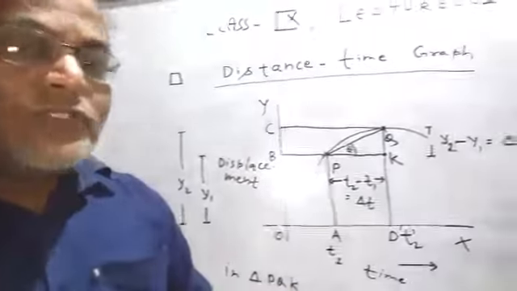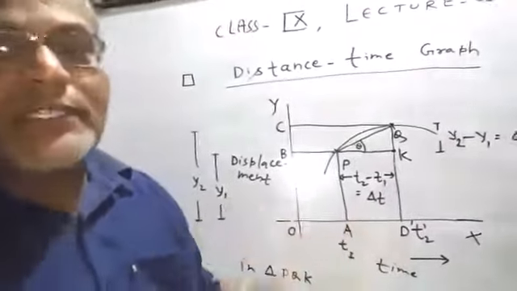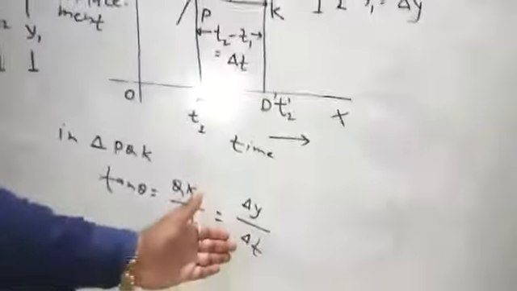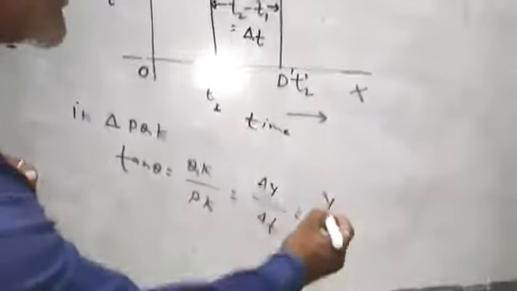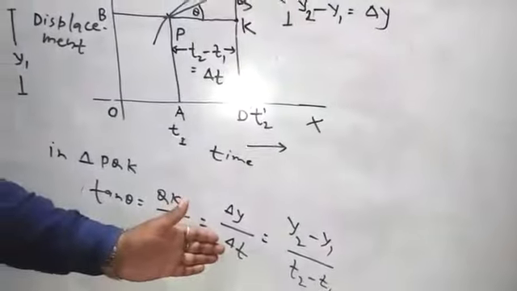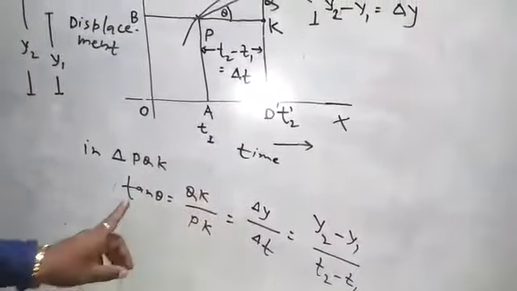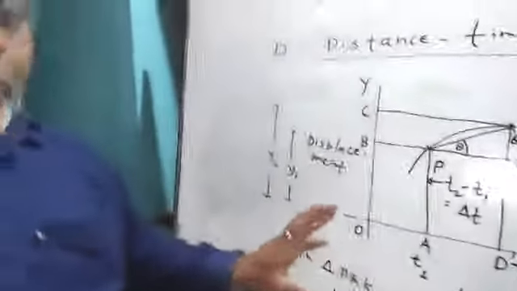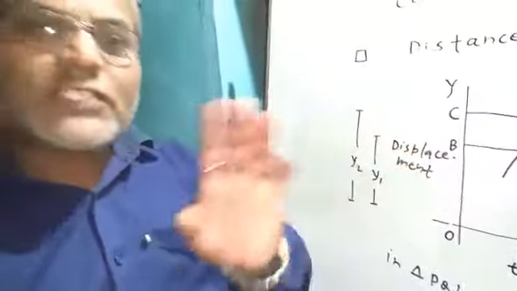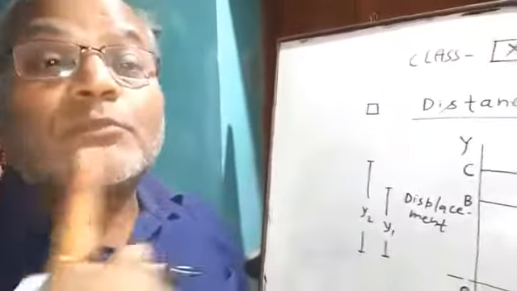But we know that, according to the definition, velocity is the rate of change of displacement, that is, change in position by change in time. So it can be written as y2 minus y1 divided by t2 minus t1. It is the rate of change of displacement, and according to the definition, it equals velocity. So remember, very important: in the position time graph, the displacement time graph, tan theta represents the velocity of the body.